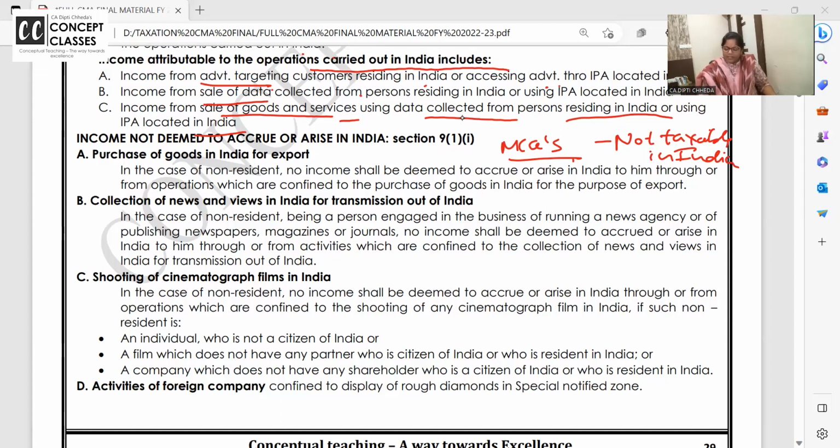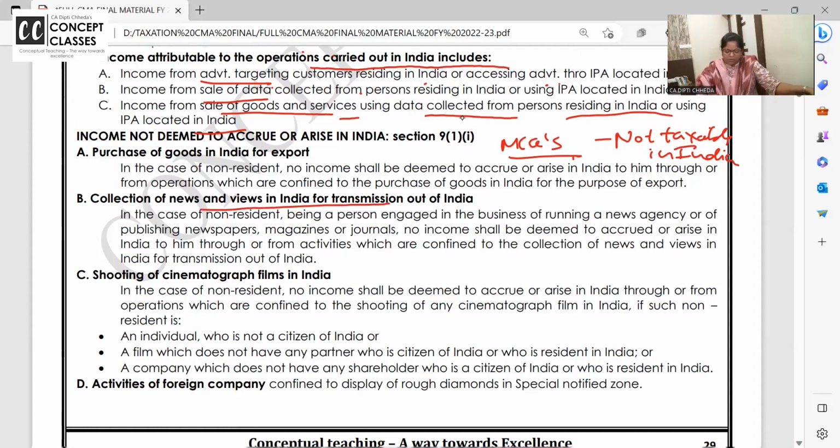In case of a non-resident, no income shall be deemed to accrue or arise in India through or from operations confined to purchase of goods in India. If you just purchase goods from India, with no other connection, no client, no order, then you are not liable to pay tax in India. Sharing of news and views, BBC and TV channels, no.